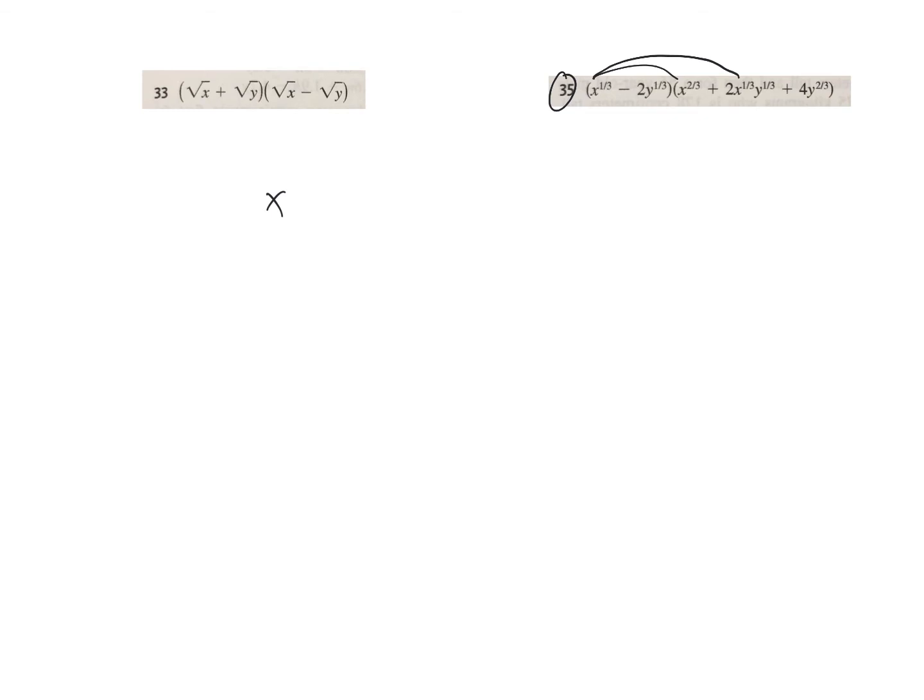Now 1x to the 1/3 times 2x to the 1/3 y to the 1/3 is going to be positive 2, you add your exponents, that's going to be 2/3, and you have y to the 1/3. And then x to the 1/3 times that would be a positive 4 x to the 1/3, y to the 2/3.